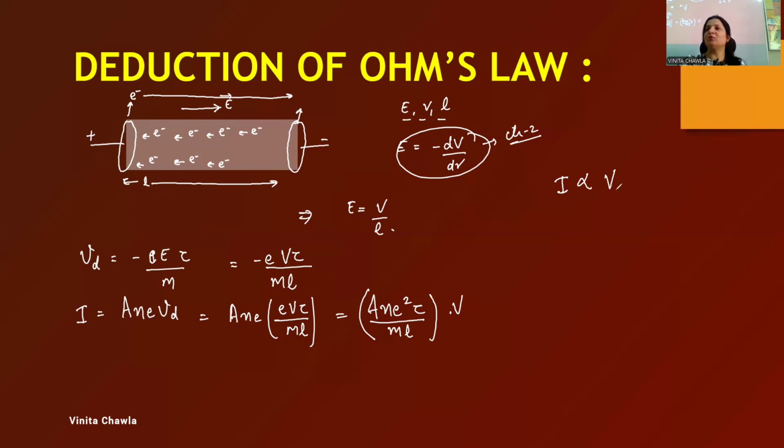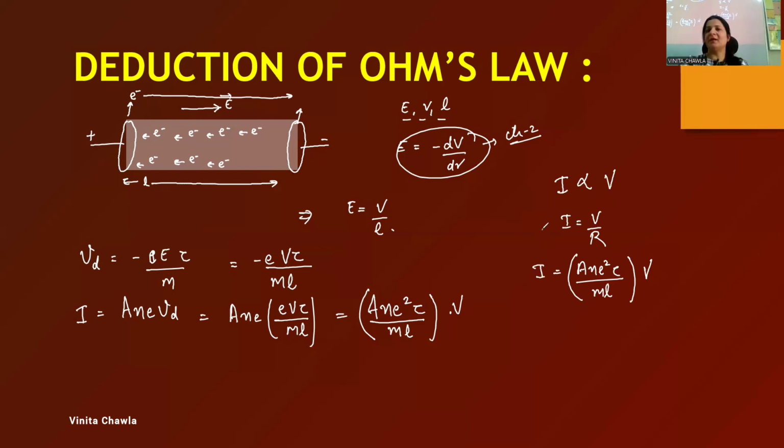So I is directly proportional to V, and we can write I is equal to V upon R. So I is equal to V upon R, this we know. And from this expression that we have just found out, we have I is equal to A N E square tau upon M L into V. So what value of R do we get from here?